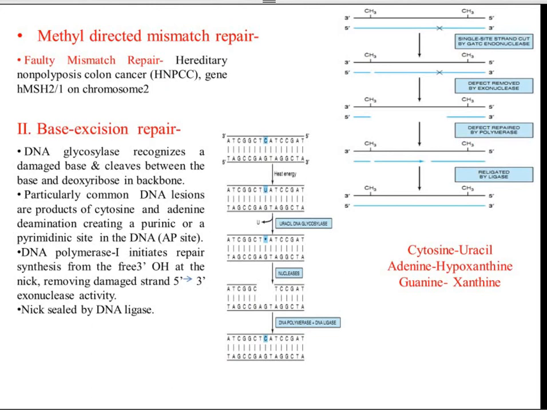Please note here, the DNA backbone structure is not disturbed. Only the base is excised, and the nuclease then creates this AP site. The DNA polymerase will initiate the repair. The right base, that is cytosine again, will be inserted over here, and the DNA ligase will now repair this.